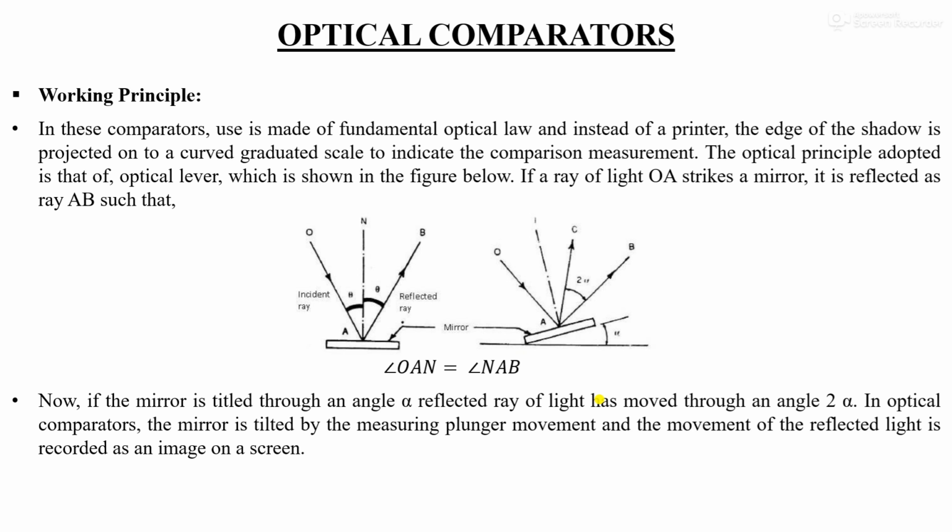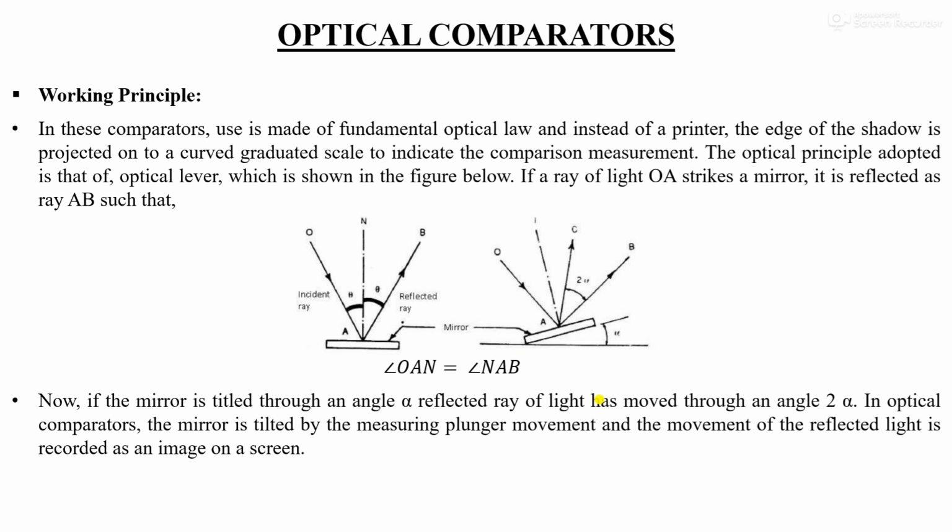If the incident ray comes perpendicular to the reflective surface, then it will go back in the same direction as the incident ray. And if the incident ray comes at an angle on the reflective surface, then the reflected ray will go back at the same angle as the incident ray, but in the opposite direction.